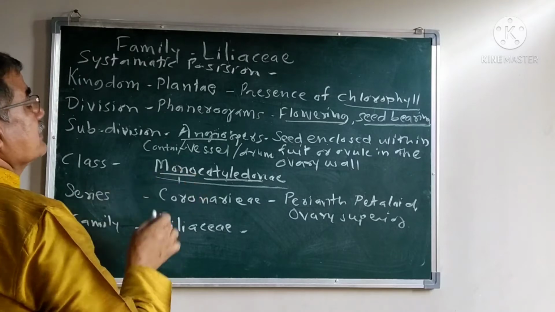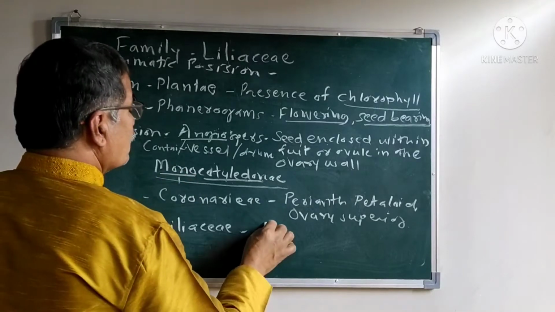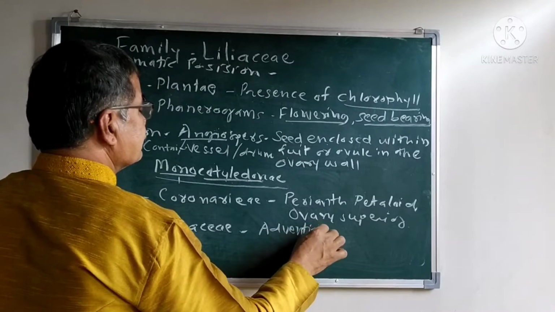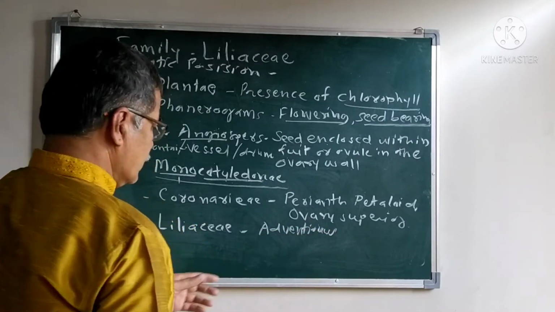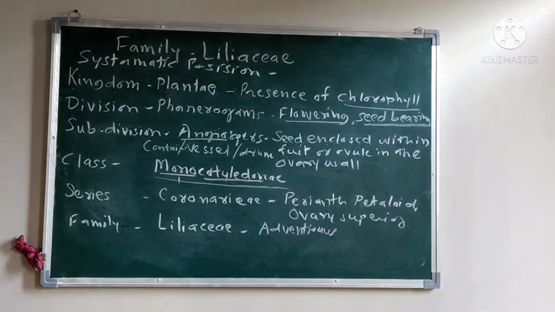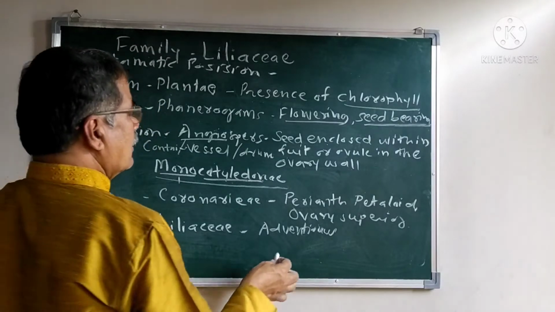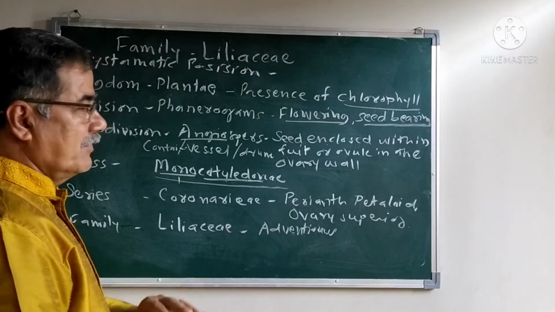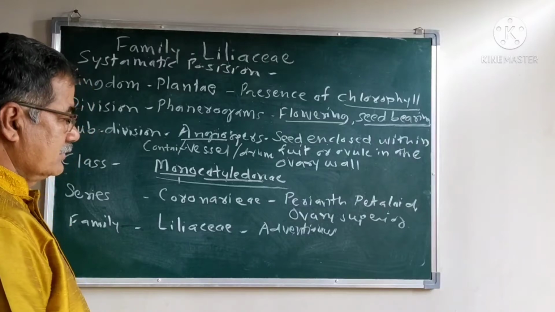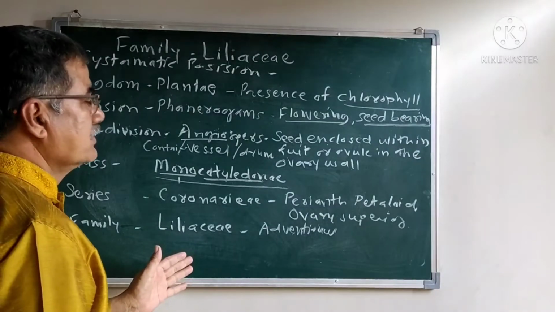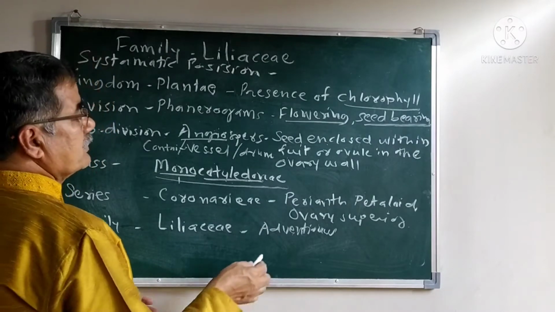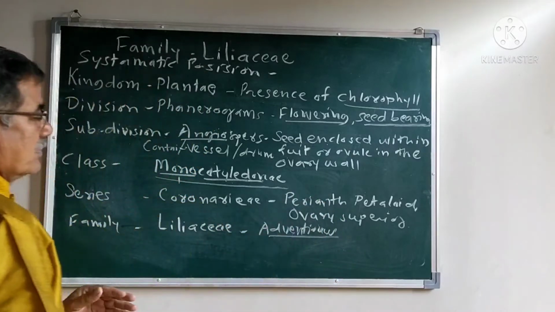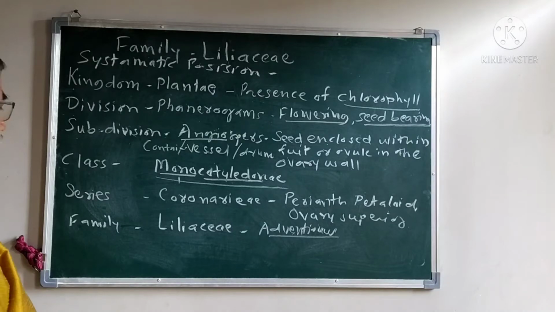Under these monocotyledon plants, roots are always adventitious. These roots are known as fibrous roots. The roots which are not derived from the radicle, they come from another part of the stem region. Such roots are known as fibrous roots.